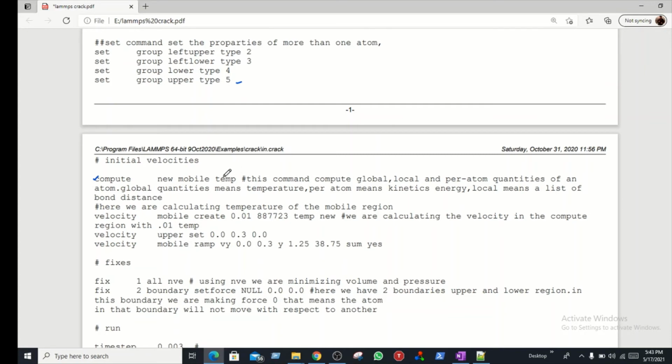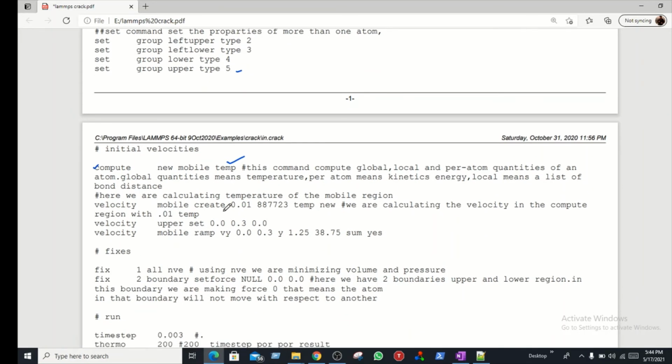Here we are computing the temperature of the mobile region. Velocity mobile create 0.01, and it's a random number, and temp new, that means we are creating a temperature 0.01 in the mobile region.